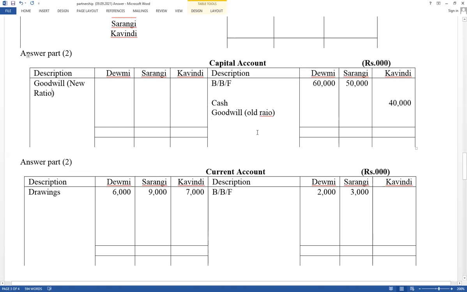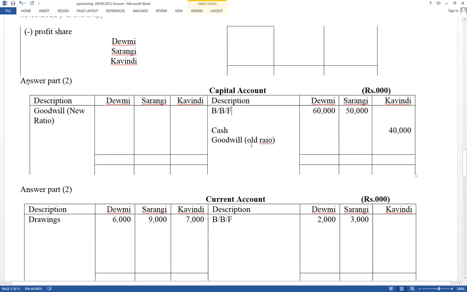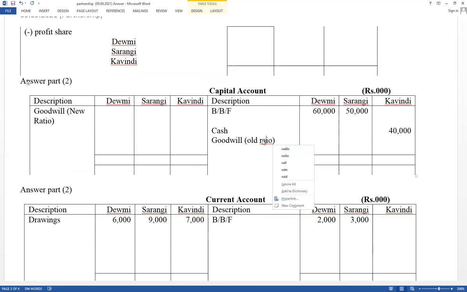It has given the old ratio. Old ratio it has given from the beginning, 3:2. Therefore, 3:2 ratio credit. And new ratio debit.